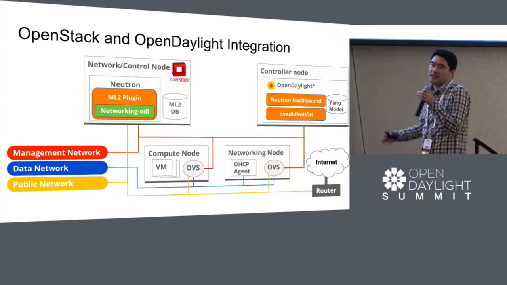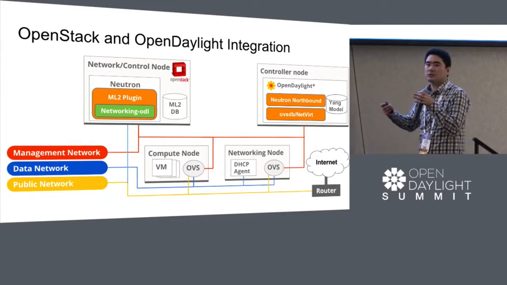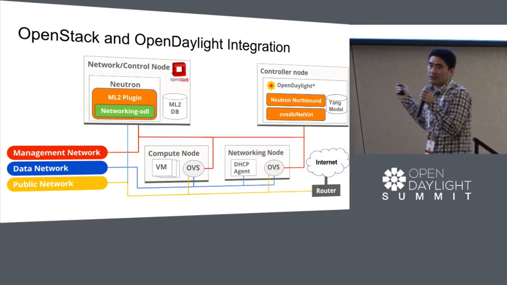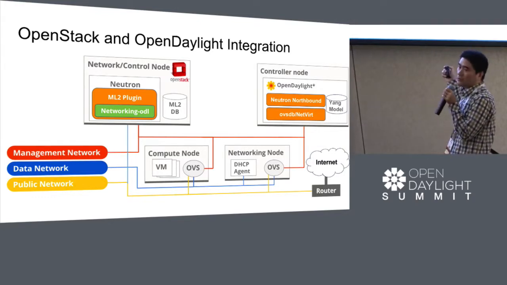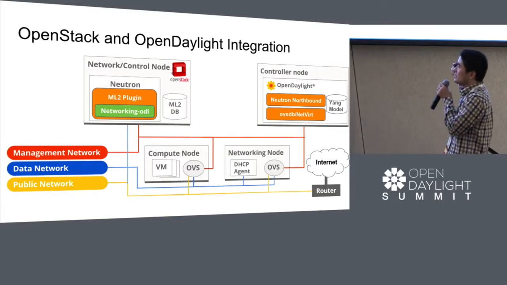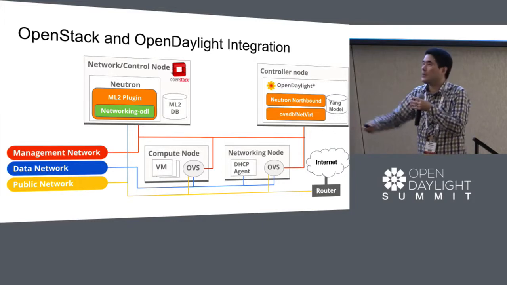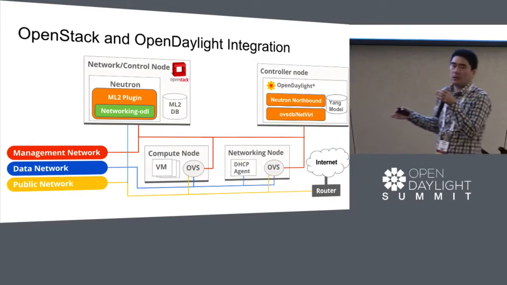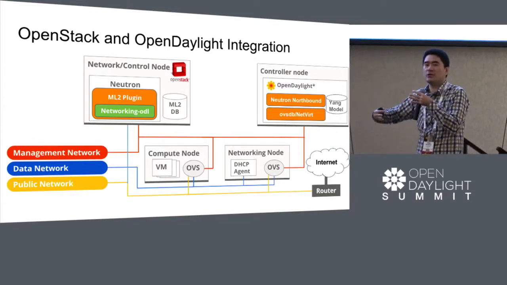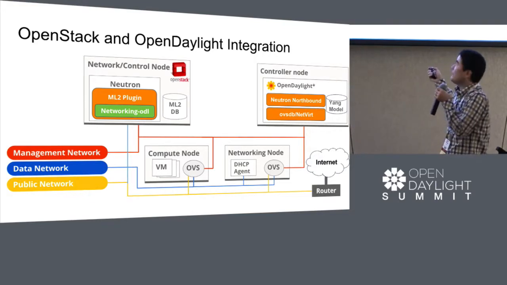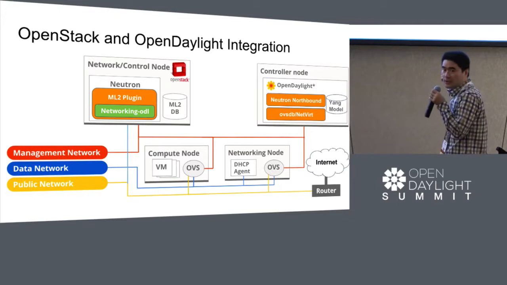So the OpenDaylight project decided to create a project to maintain a common component to support OpenStack integration. Now we are calling it the Neutron Northbound project, which takes care of the communication with Neutron. Neutron northbound receives a request from Neutron and then stores related information in the OpenDaylight data store.